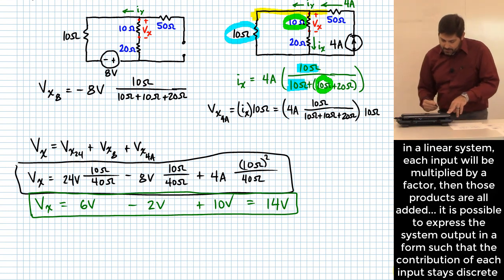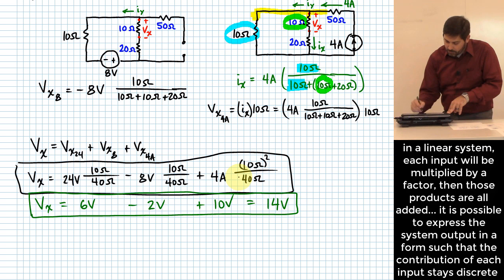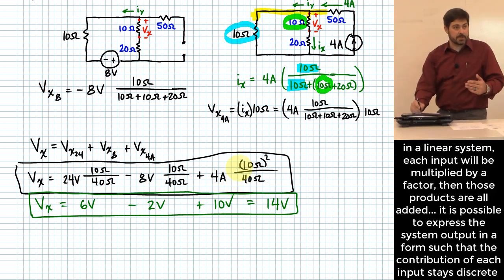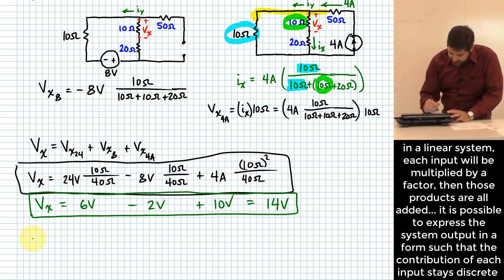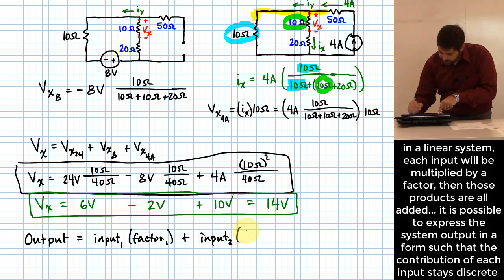You'll notice here that what this essentially boiled down to was my 24 volt, my 8 volt, and my 4 amp. Those were all my inputs. But I could easily write this thing that would say my output, I'm going to generalize it to this, my output, which was my Vx, was equal to input 1, which was 24 volts, times some factor, plus input 2 times some factor, plus input 3 times some factor.